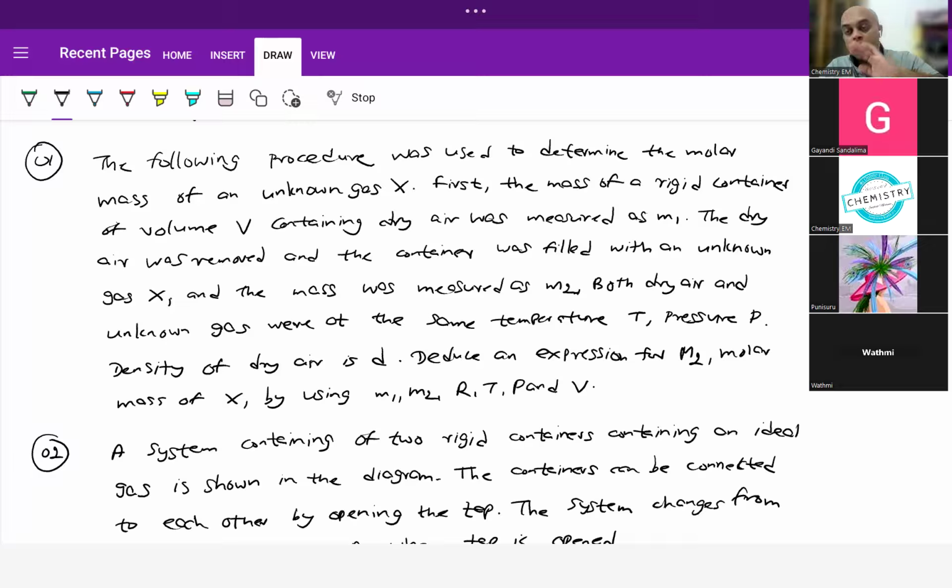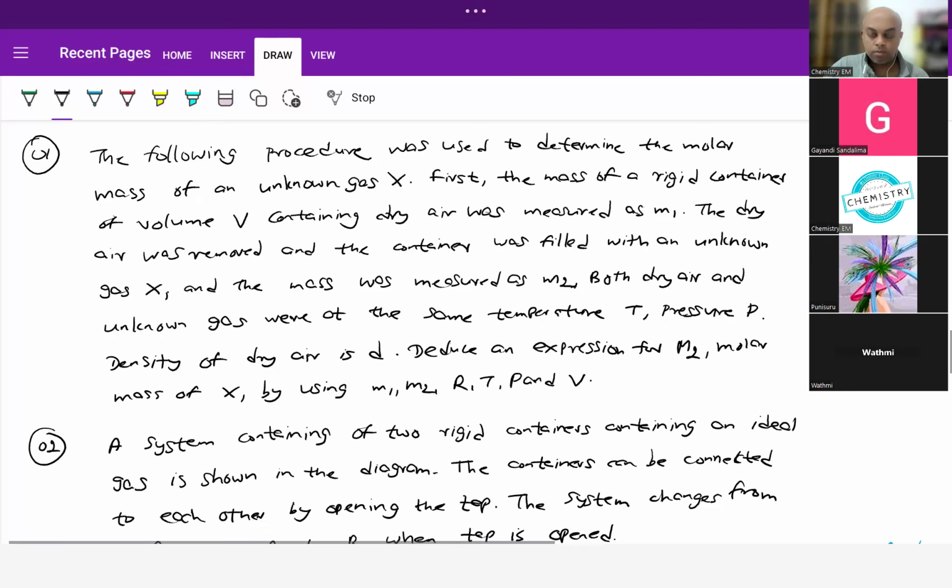Now with the unknown gas X, M2 is the mass of the container plus the unknown gas. Both dry air and unknown gas were at the same temperature T and pressure P. The density of the dry air is D, that is given. Deduce an expression for capital M, the molar mass of X.